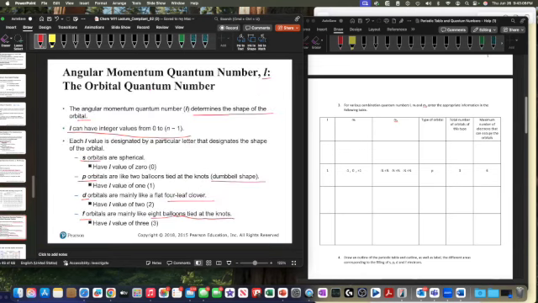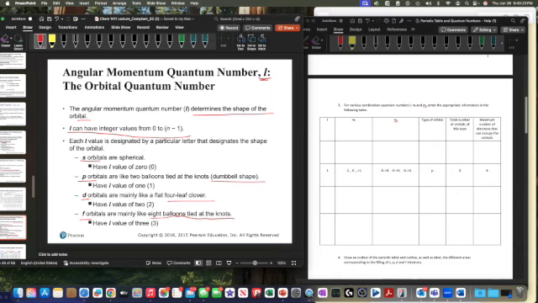Yes. So remember the quantum numbers can be represented sometimes as letters or numbers. In the case of L, that's very strong. L can be represented as numbers or as letters.